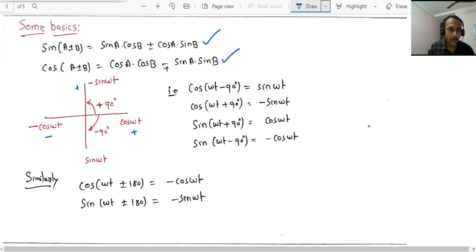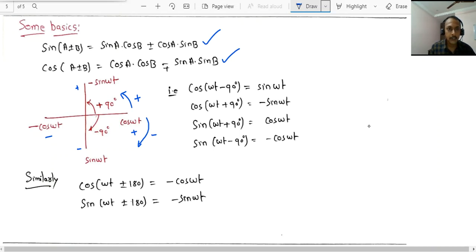And on the negative y-axis, you take sin omega t. Based on this diagram, if you are rotating anti-clockwise, please give plus 90 degrees rotation. If you are rotating in clockwise direction, please give minus sign. Very, very important. Anti-clockwise, please give the positive sign.